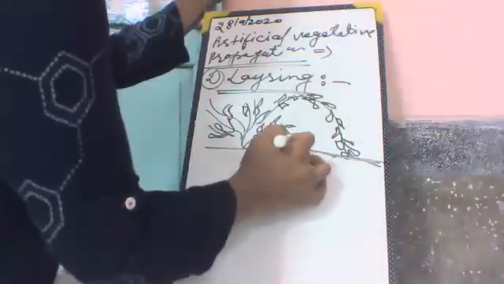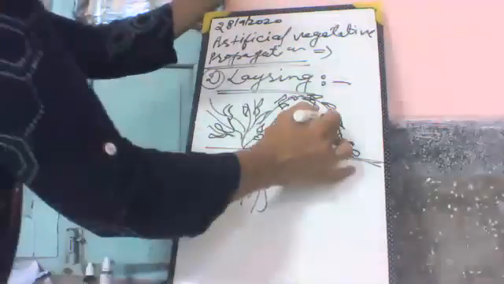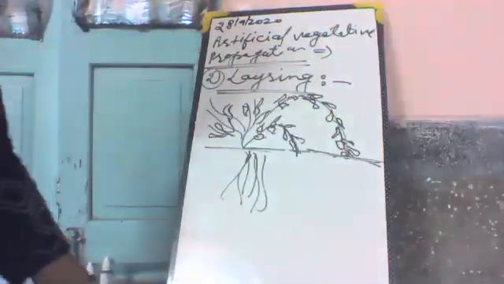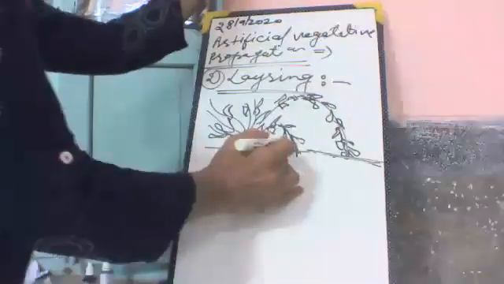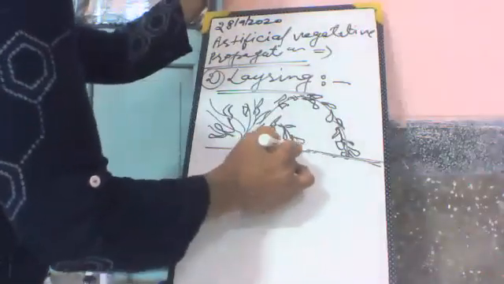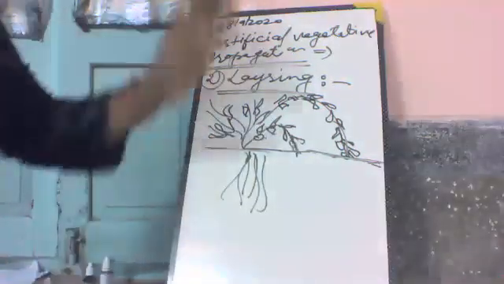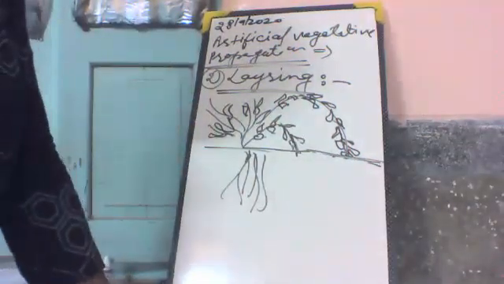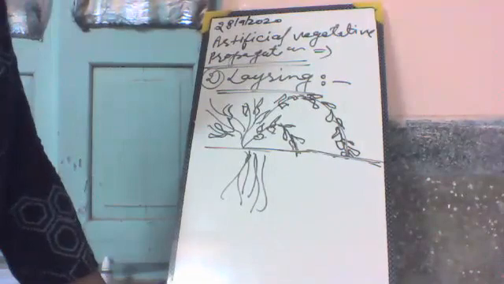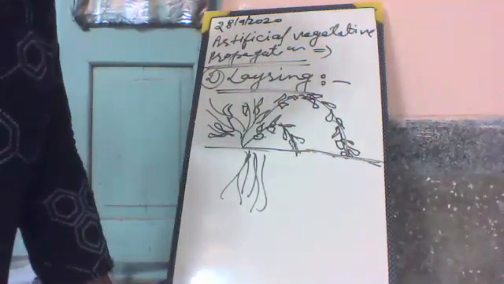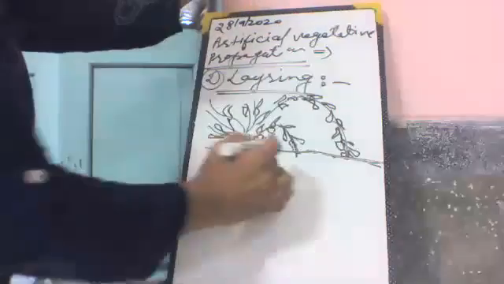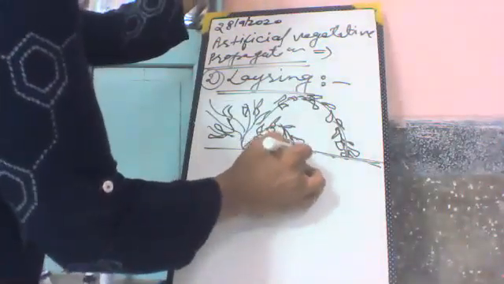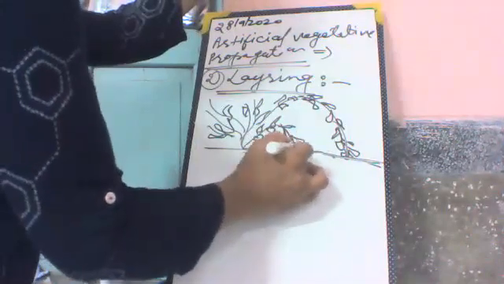A ring of bark is removed from this portion, which is then covered with soil. After removal of the bark, we cover it with soil.